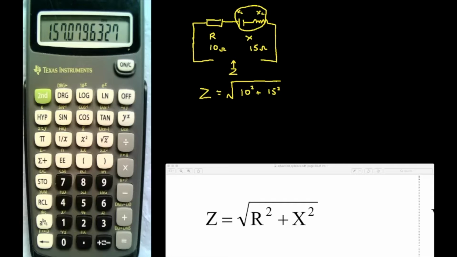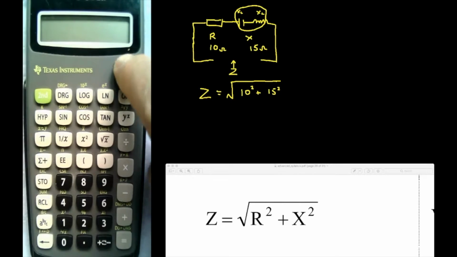So let's do the stuff inside here first of all. And by the way, there's no single way of doing these. You could use brackets to clump those together, or you could use memories to store intermediate results, but it's largely unnecessary. As long as we start in the center of the equation and work our way out, we don't need to bother about those too much, and it's a lot more efficient.